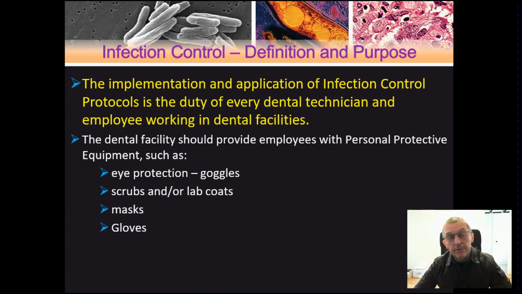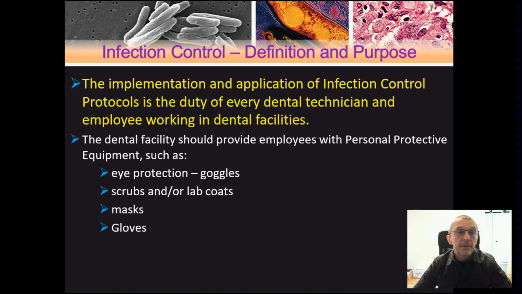The eye protection could be your safety glasses, and these glasses should be in line with the regulations as far as protecting your eyes from the sides, from the front. The glasses should be hard enough to prevent any impact from going through the glasses.